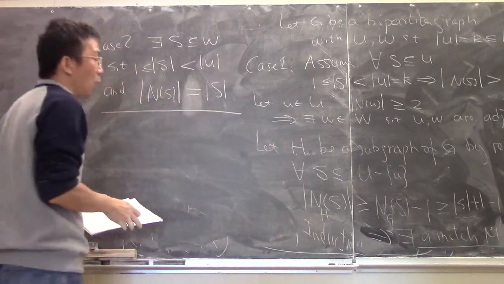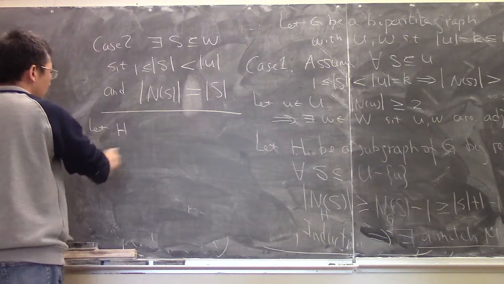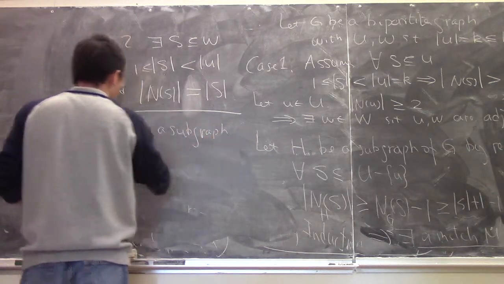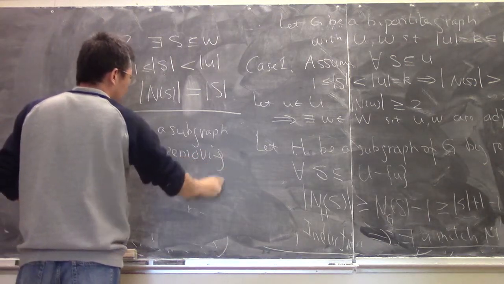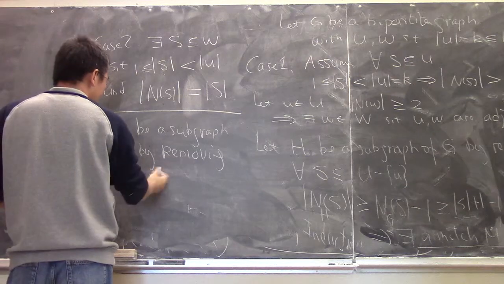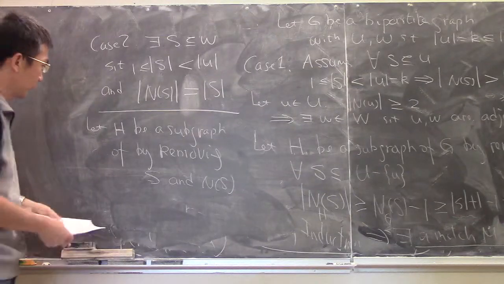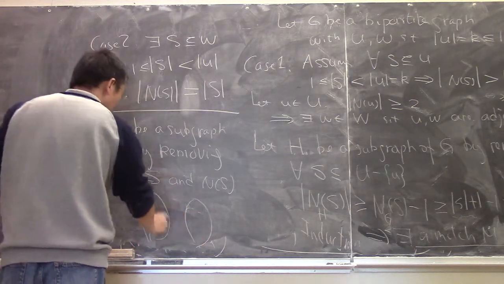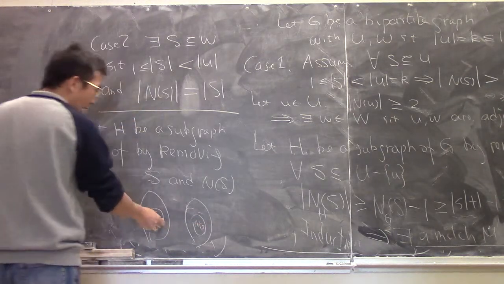And now the proof is also very similar to that one. So let H be a subgraph of G by removing S and the neighborhood of S. Okay, so now S is gone, and here's G, and this is S. This is the neighborhood of S. So now these two things are gone.